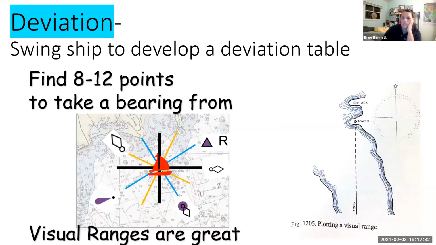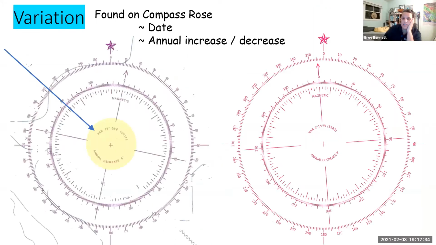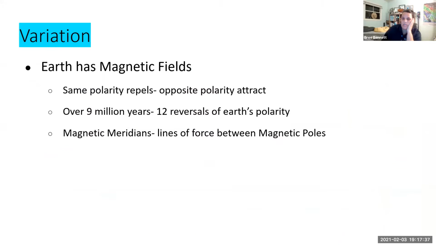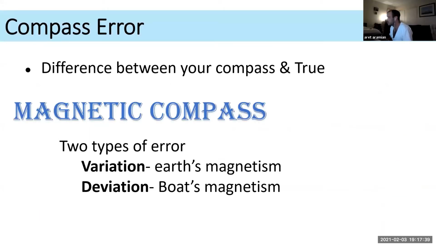Okay. Any big questions on deviation or variation? Bree, can I ask a question about variation and the annual decrease or increase? Yeah. I guess I didn't get how that affects the variation degree in that formula. So I understand the variation degree, but then the annual decrease or increase. Could you kind of go over that one more time? Yes. So I'm going to go to my whiteboard.